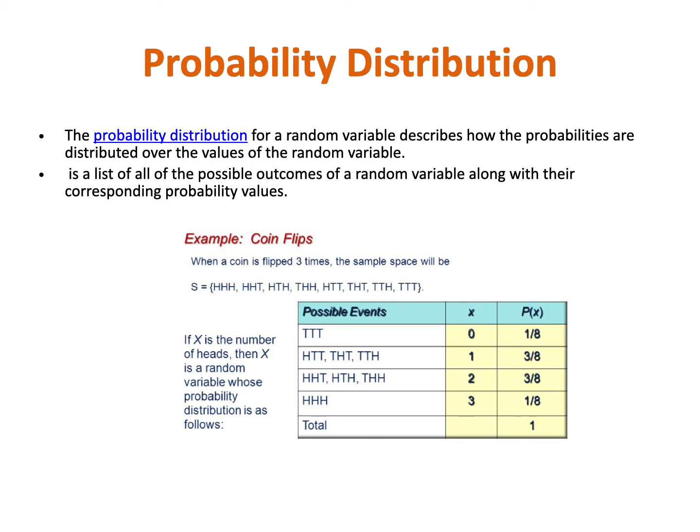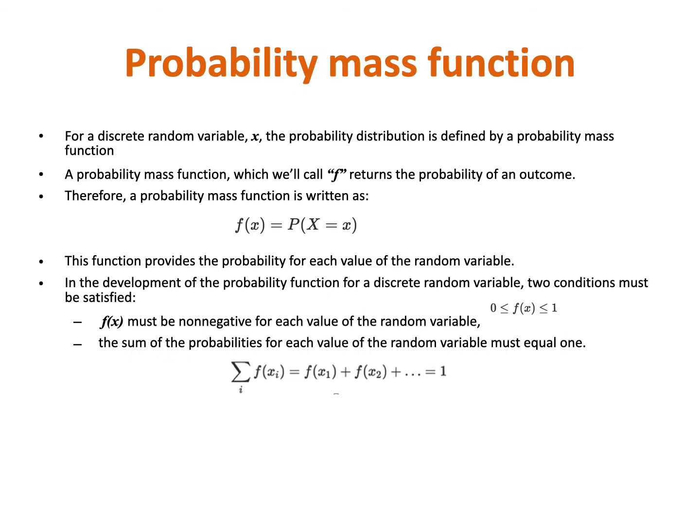So here the probability distribution will be in this way. It will give us the list of all the possible outcomes of a random variable along with their probability values. This gives us the probability distribution function.